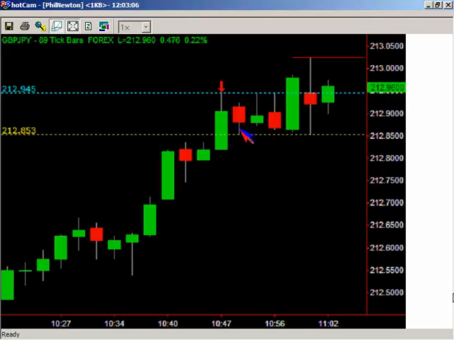That is my first pullback bar. So the entry then goes above 21294 plus the spread, and I like to round up to a whole number personally. So 21305 is good enough for me. So 21305 is realistically where I'm going to place the trade.